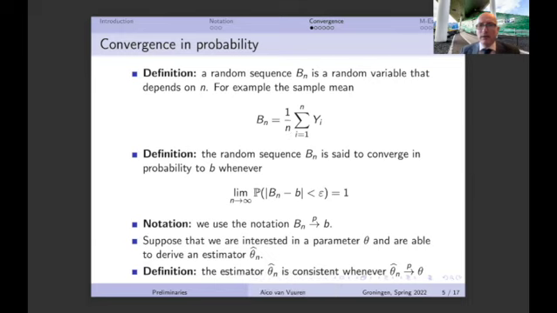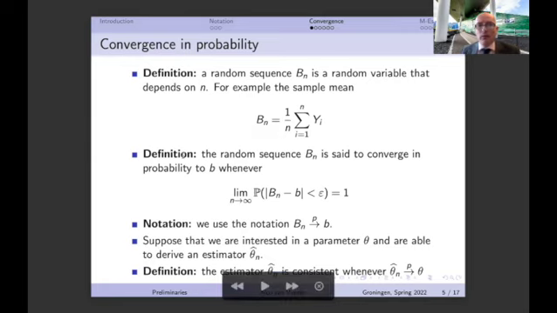Everybody knows that a sample mean is nothing else than the sum over all the observations that we have divided by the number of observations. This thing that we have over here. And of course, that depends on the sample size. You should realize that at the moment that the sample size increases, we do know that the variance generally is going to decrease. And that, of course, means also that the distribution of this Bn is going to change with respect to the sample size.